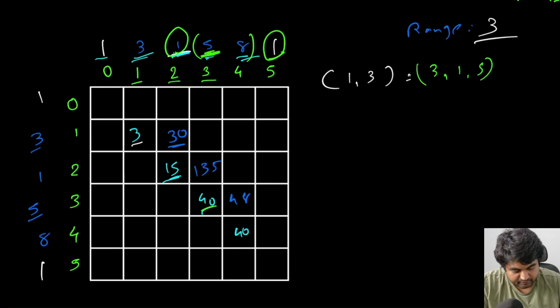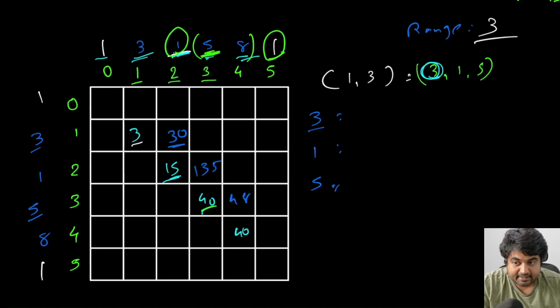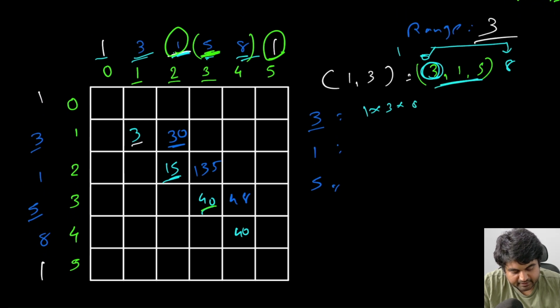And for each of the ones, what if we decide to go with each one in the end? So I'll just do the calculation for one of the values, for value number 3. So what if we decide to go with this value at last? Now remember, 3 would be multiplied by 8 and it would be multiplied by 1. So it would be 1 multiplied by 3 multiplied by 8, because we took care of the entire range.